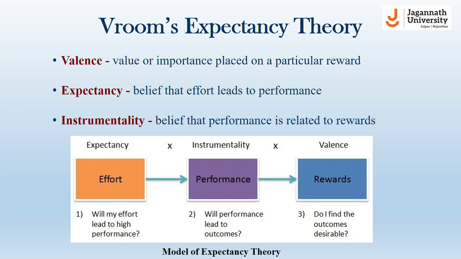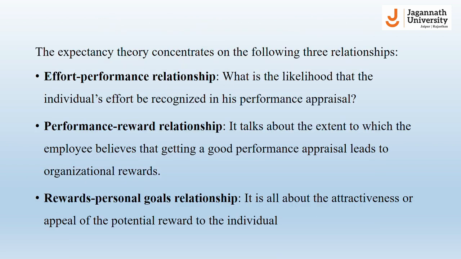So that is balance. And then this reward will give you the feedback whether the employee is satisfied or not, and that will eventually lead to the next effort. So this is the model of expectancy theory.